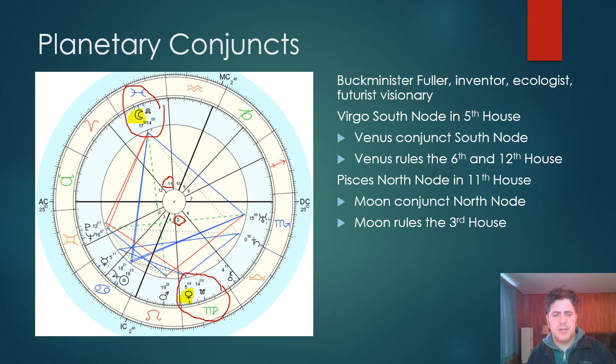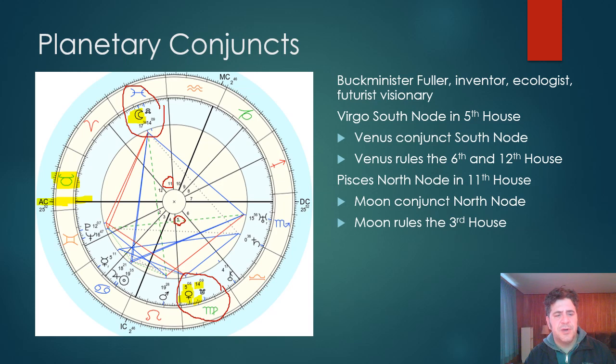The Venus describes his relationships, women he was attracted to, and being in the South Node, it's kind of a loose conjunct. It's 5 degrees, so that's about a 9-degree conjunction, but still influential. Venus here rules the 6th and... it doesn't rule the 12th. It rules the ascendant because of Taurus.